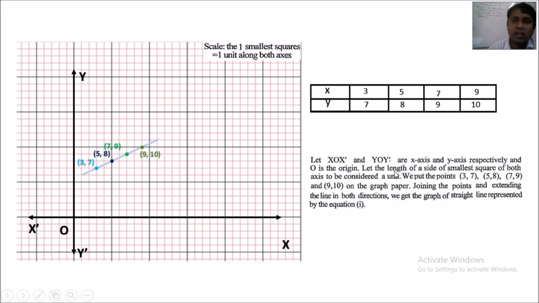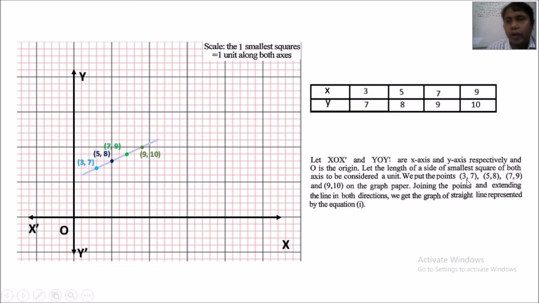Let the length of a side of the smallest square on both axes be considered a unit. This is written here. This is the smallest square. This one. So this is the smallest square. This side is recognized as one unit for both axes.